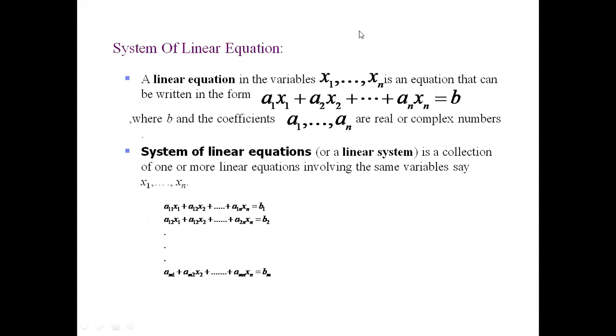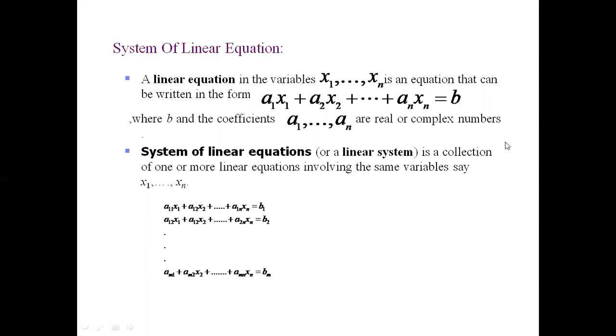Here we have variables x1, x2, x3, ..., xn. An equation can be written in the form a1 x1 plus a2 x2 plus ... plus an xn equals b. b is also some constant. Here b and the coefficients a1, a2, ..., an are real or complex numbers.